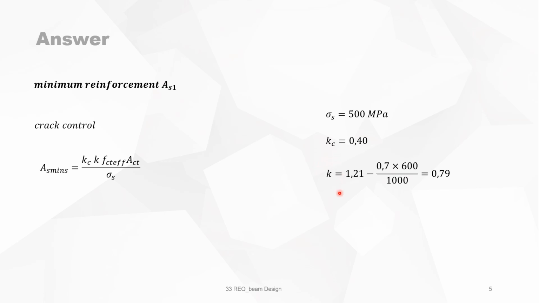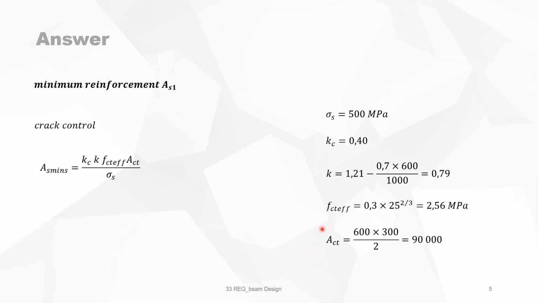k is a scaling factor. It's an interpolation, and it gives you 0.79. And fct,eff, the effective tensile stress when the beam is going to crack, we've taken as fctm, which is 0.3 times the compressive strength to the power 2/3, gives you 2.56 megapascal.